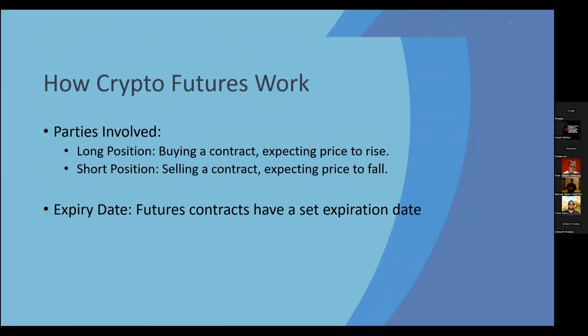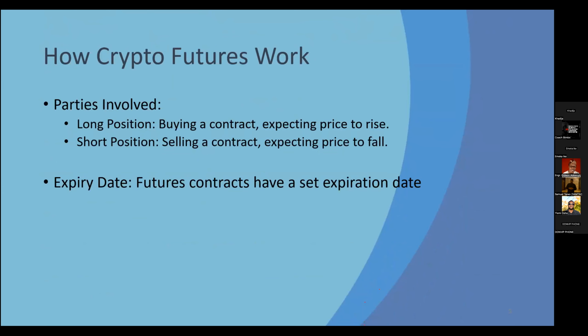Then we'll now look at how crypto futures work. Like I said, it involves two parties: the long position holders and the short position holders. The long positions are those buying a contract, expecting the price to rise. So if I tell you, let's long this trade now, that means we want to buy a particular contract, a particular asset, and we're expecting that price to rise. So we can enter this trade and hold it. The market might start going down, but don't worry, just hold your position.